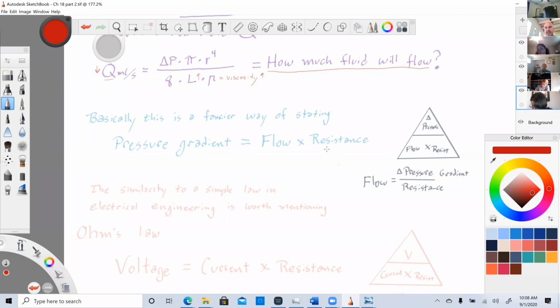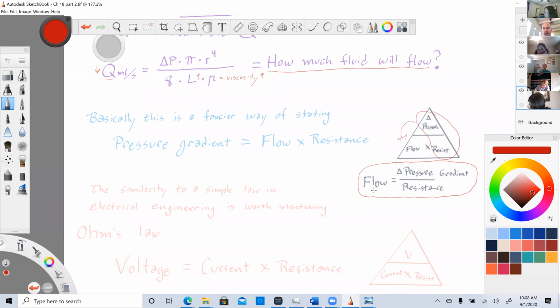Well, hold on. I've just rearranged the equation here. I put everything into a triangle here, and I realized that I could divide pressure by resistance to get flow.